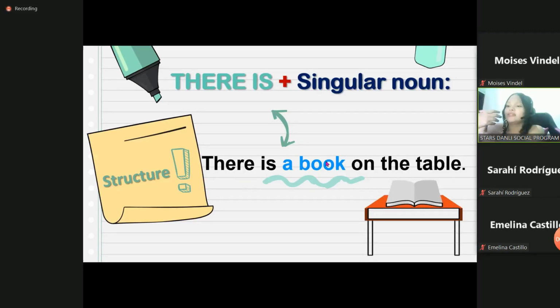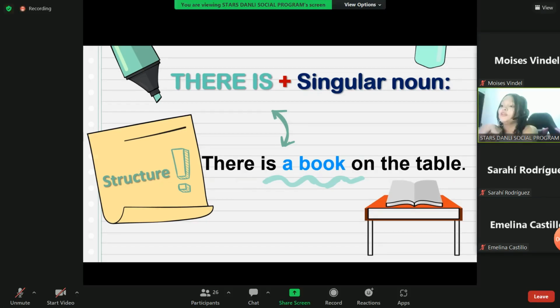Hoy no vamos a hablar, por ejemplo, de cómo le digo que hay leche en el refri, que hay agua. Eso es diferente. Entonces, hoy solamente contables.